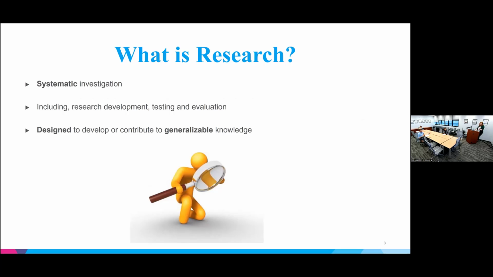So how do we define research? Research is a systematic investigation, including research, development, testing, and evaluation, designed to develop or contribute to generalizable knowledge. And so the keywords here are systematic and generalizable. Something like a case report, for example, wouldn't be considered systematic.